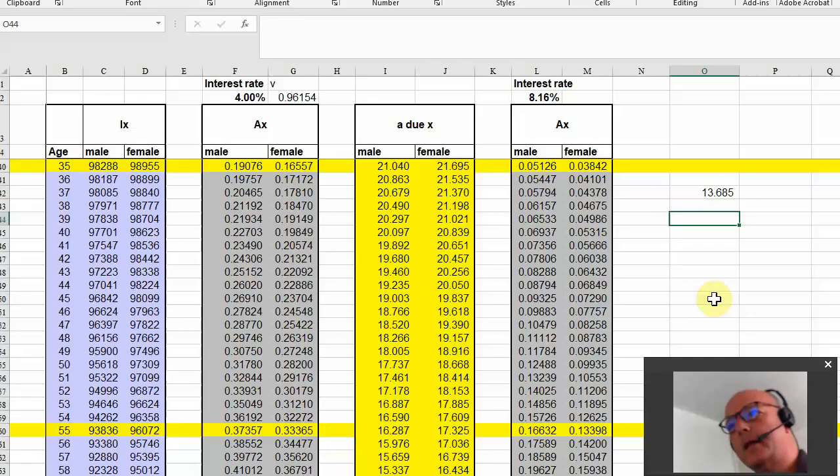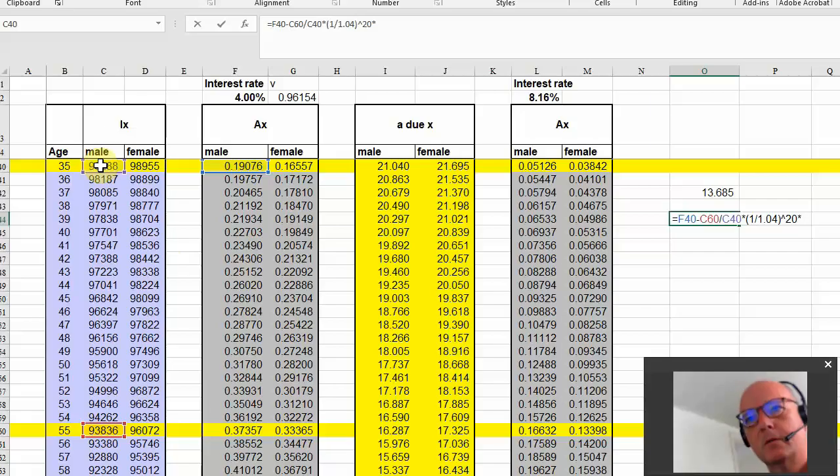Okay, so the next one we're going to look at is the assurance. So the assurance here again, same principle, A35 minus L55 over L35 times 1 over 1.04 to the power of 20 times A55.